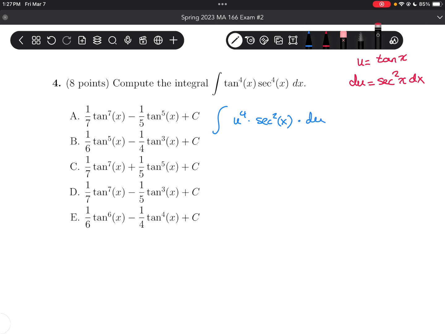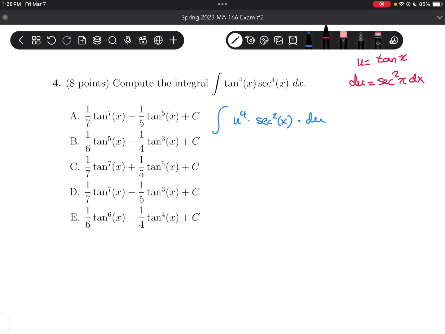Okay, so we plugged things in, but we are still left with one problem. We still have an x term, a function of x, in our expression. If we want to do u sub, everything has to be in terms of u. So somehow we need to get rid of this secant squared x.